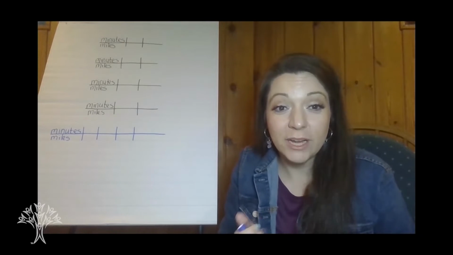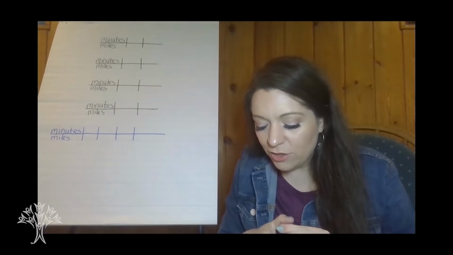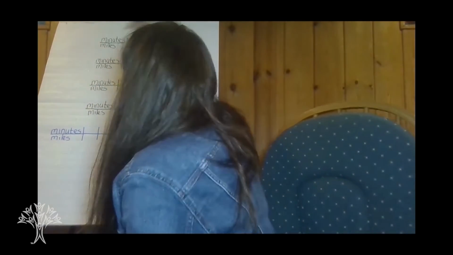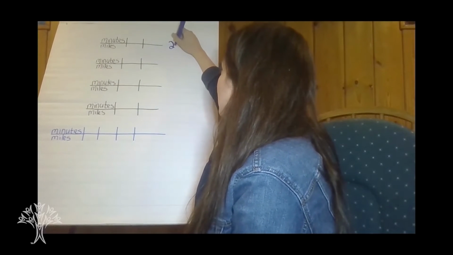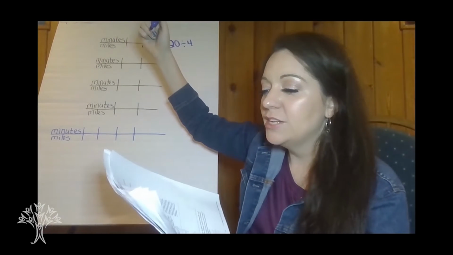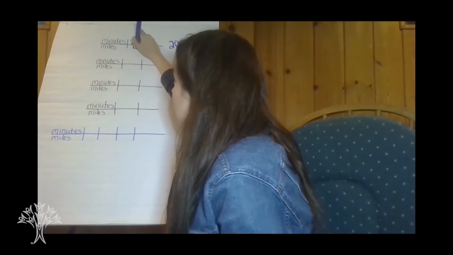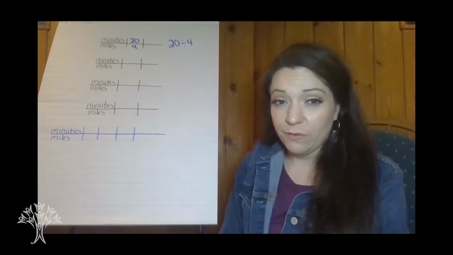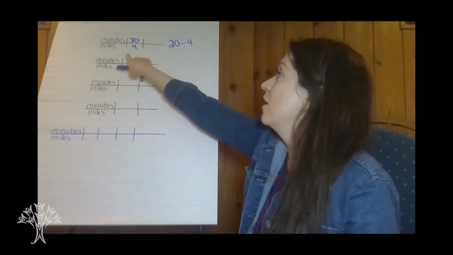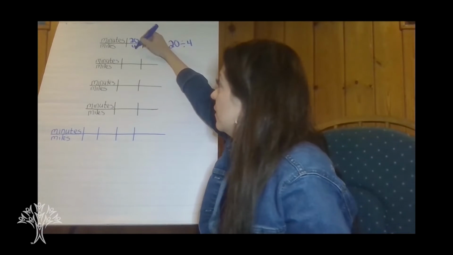Did you think of using a ratio table, minutes to miles? Maybe you found the expression 20 divided by 4. It took her 20 minutes to run 4 miles, 20 to 4. But we want to get to 1 on the miles. So what did we do down here?